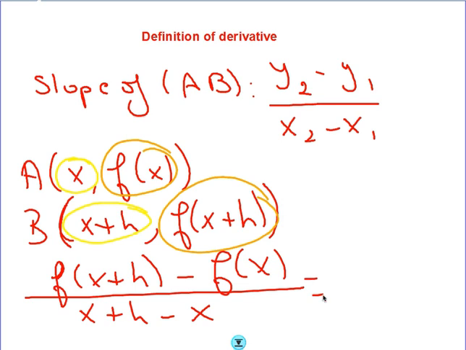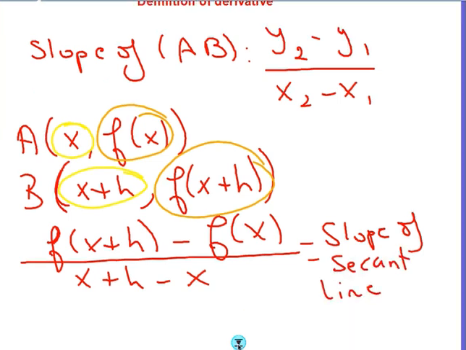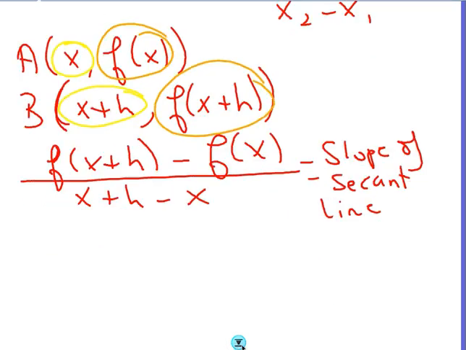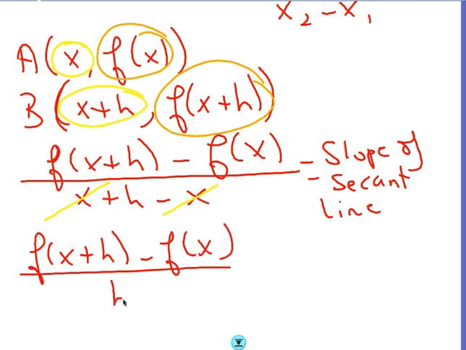So this is the slope of the secant line AB. Now as you can see here, I can simplify by x, right? x minus x, they cancel out. So I'll be left with f of x plus h minus f of x over h. So this is approximately equal to the slope of the tangent line.